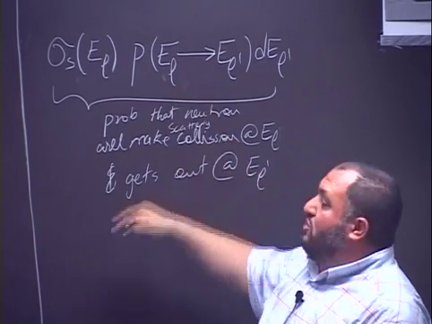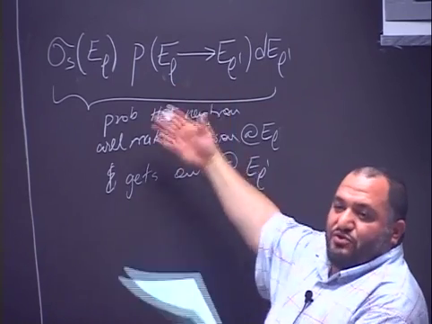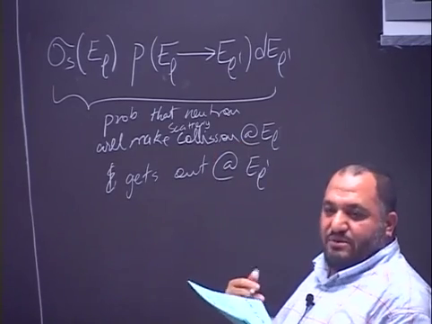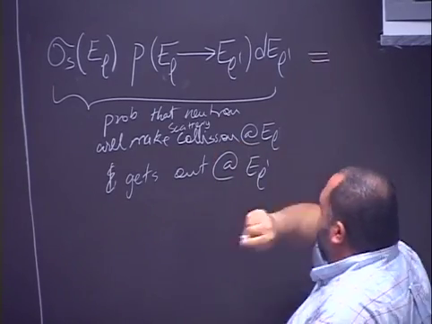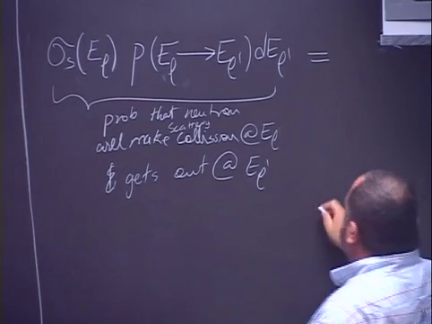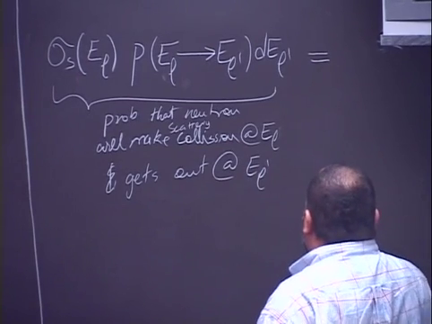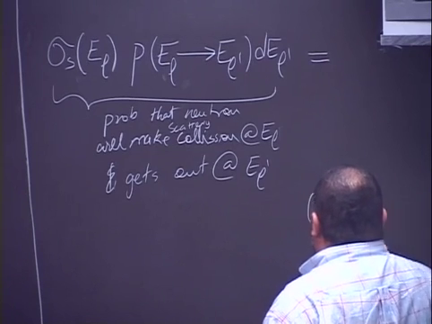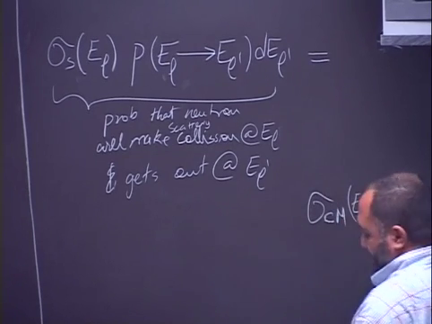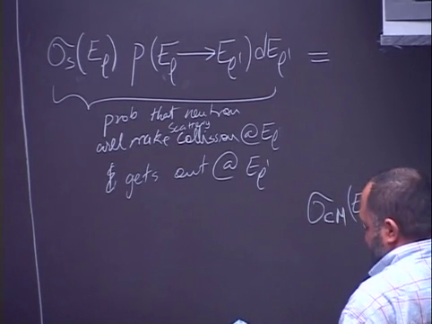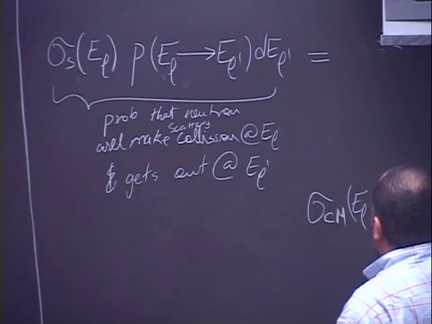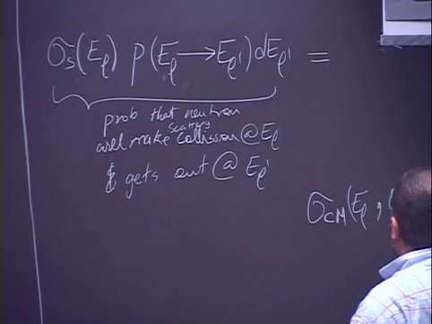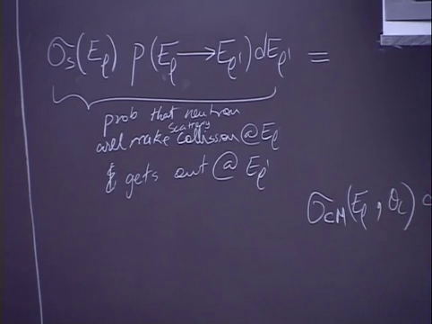Okay? So if this is the probability that the neutron will make a collision at EL and get out at EL prime, this is exactly the same probability in the center of mass, where you start with energy E center of mass, or EL, whatever you call it, at angle theta C multiplied by delta omega C. Yes?